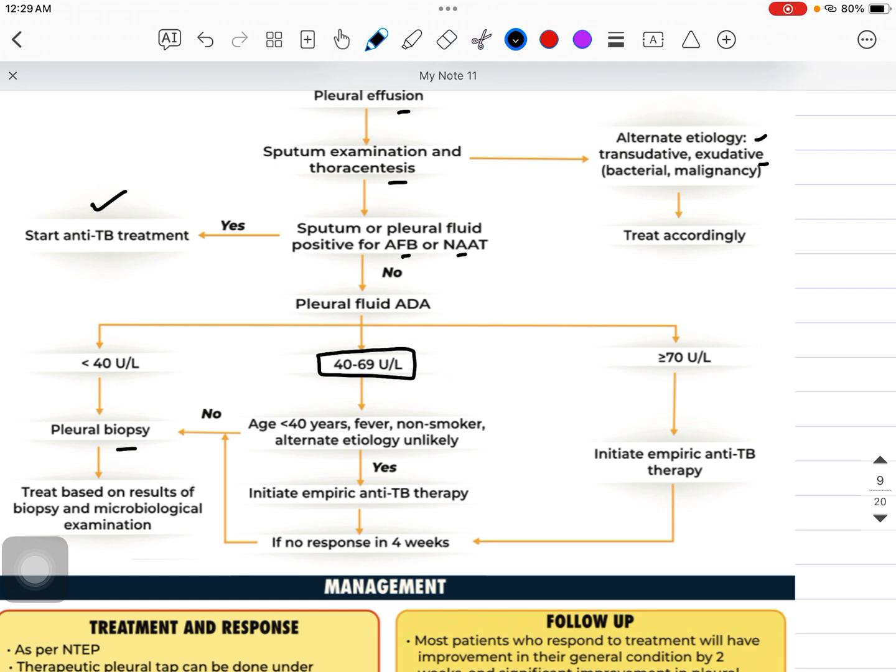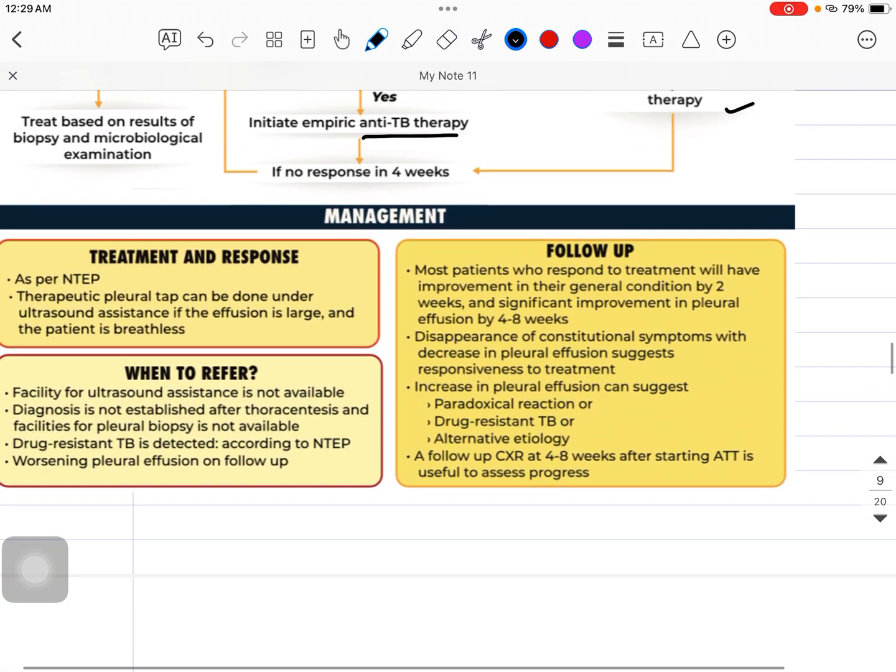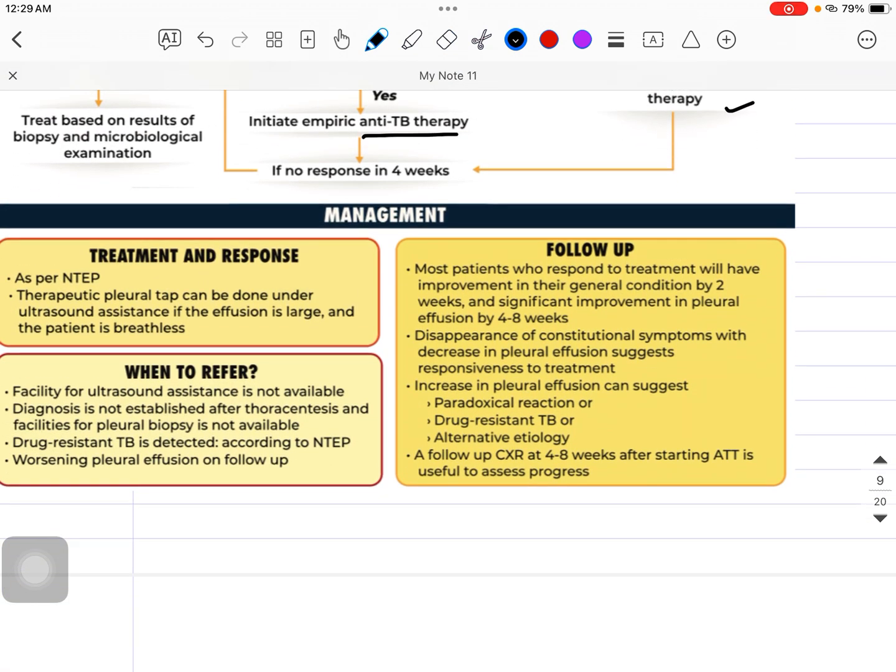So if the age is less than 40 years and the patient is having fever, is a non-smoker, etc., yes, you can start the anti-tuberculosis therapy over here. If there is no response in 4 weeks or so, then we shall go for the pleural biopsy. If the ADA is more than 70, then this is a clear-cut case of tuberculosis. So you should start the anti-tubercular treatment drugs from now on, right? Okay, so that is the thing over here.